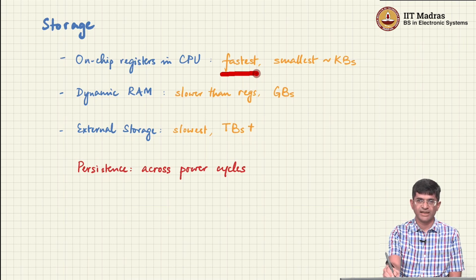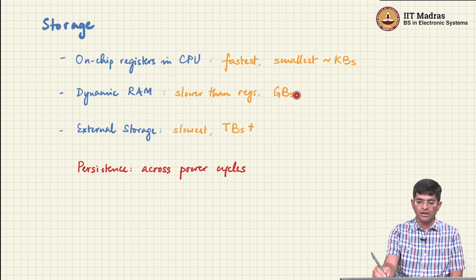So in one clock cycle of the processor, you can access, either read or write, a given register. But on the other hand, that also means that they are small in capacity. The total, including what is called the L1 cache and so on, is typically on the order of kilobytes. And if you restrict yourself only to the registers that are present inside the system, that's not even kilobytes, that's probably hundreds of bytes, that's all that we are talking about.